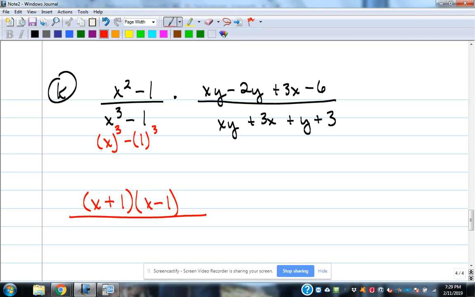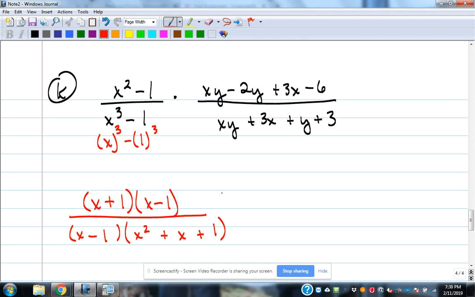The way that factors is it has a short piece and a long piece. Do y'all remember that? Maybe, maybe not. Short piece, x minus 1. Long piece, x squared plus 1 times x is 1x plus 1 squared is 1.